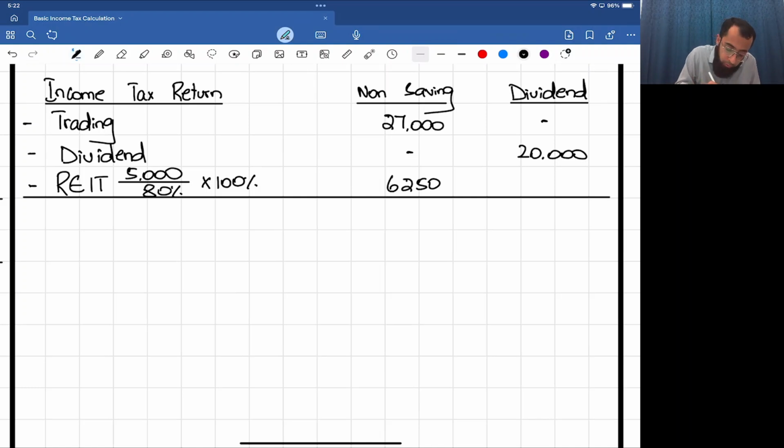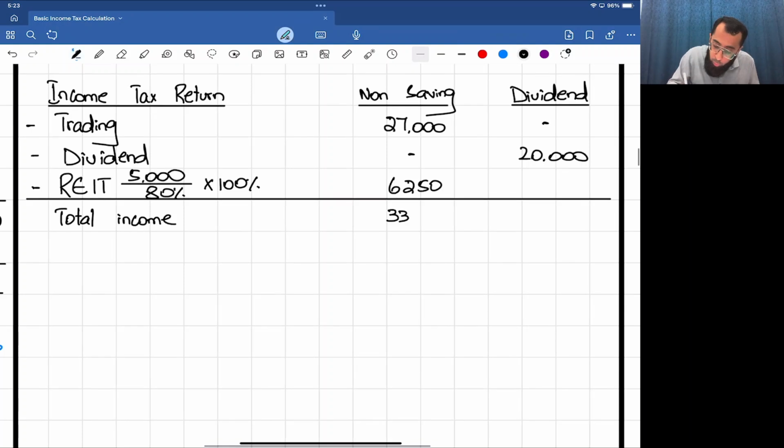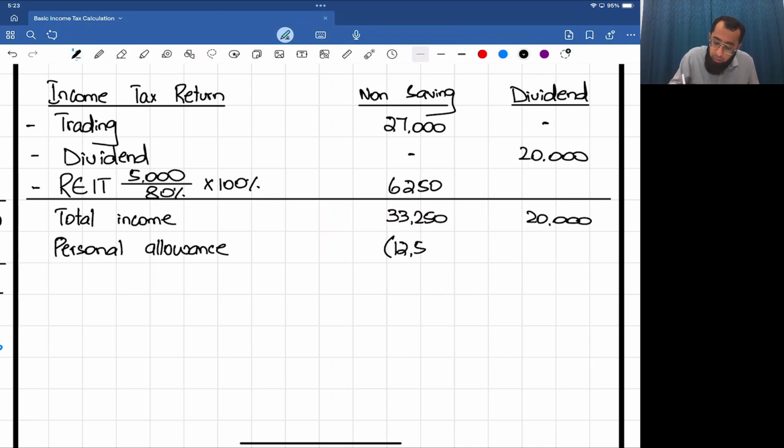So your total income will be, if you look at it, 33,250 and 20,000. Okay, you adjust your personal allowance in it. Your personal allowance is 12570.